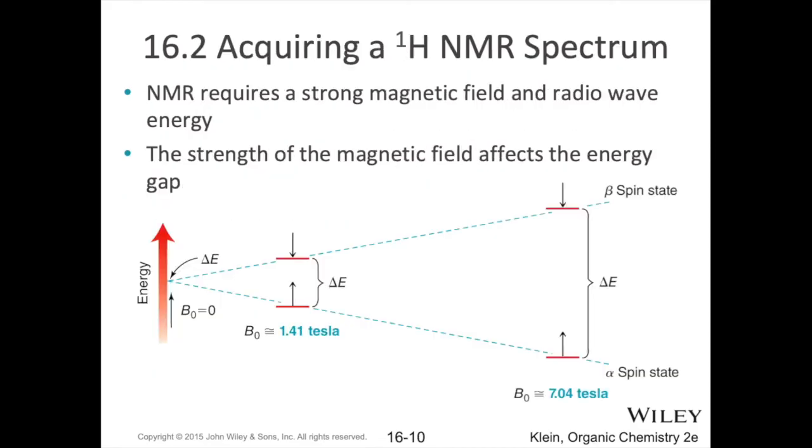Now the strength of the magnet you use, of course, will also affect this energy gap, but we're going to find a way to overcome that variance between different NMR machines. We'll talk about that in a second when we look at how to read NMR spectra. But I would be remiss if I didn't tell you that the strength of the magnet does have an effect. The stronger your magnet, the greater that energy gap. But again, we'll find a way to compensate for that later on.